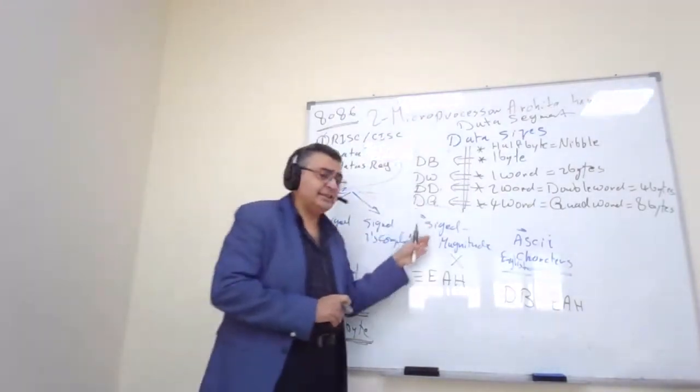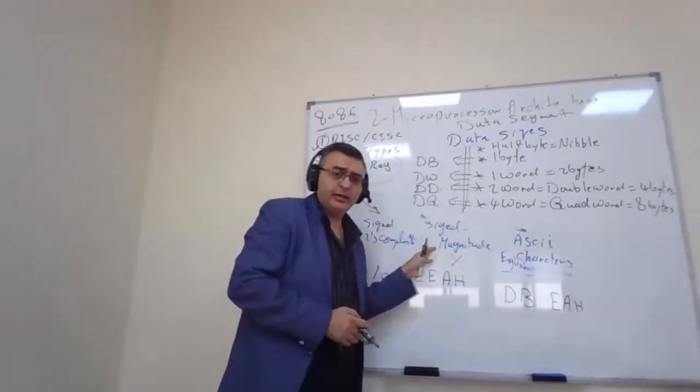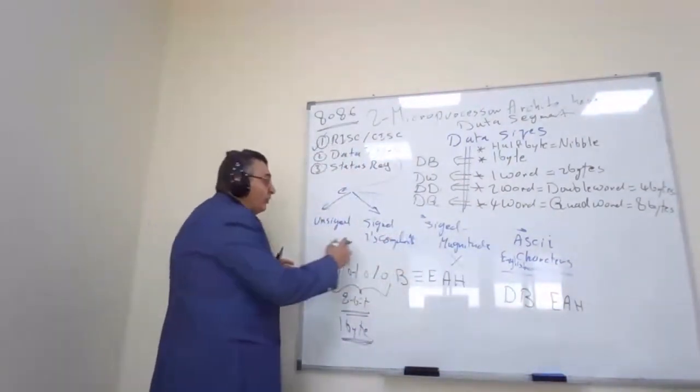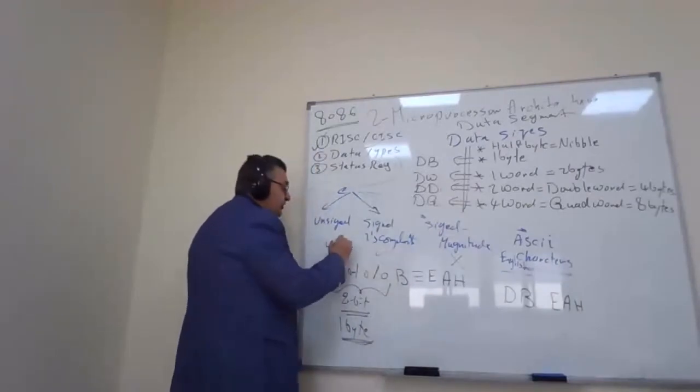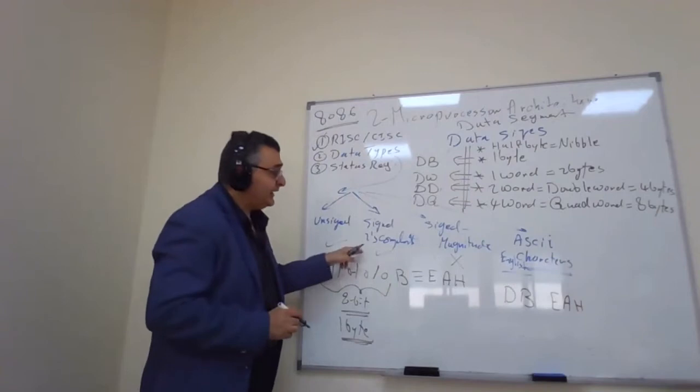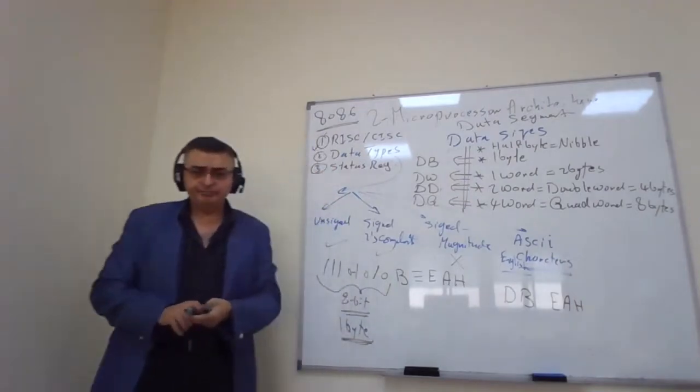We will not use it extensively. We will use it later on, towards floating point representation. But the two main representations we will be dealing with are the unsigned numbers and the signed in 2's complement.